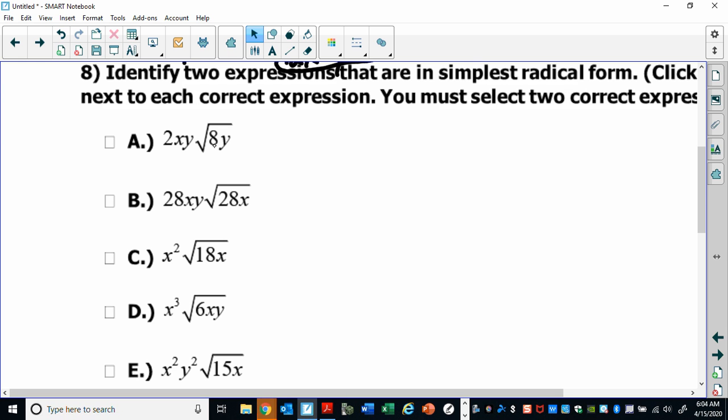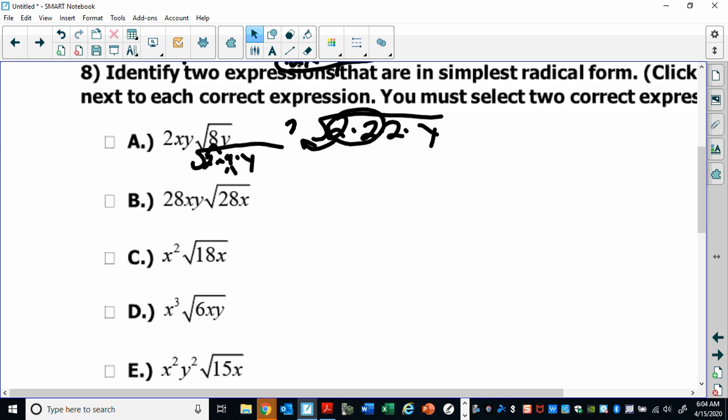Can you break down 8? Why, yes, you can, because 2 times 4. Not only can you break it down, but will it give you a group of 2? So we break down that 4, and we have 2 times 2 times 2 times y. Now we're looking for groups of 2. There's one group there. Now that 2 comes out.